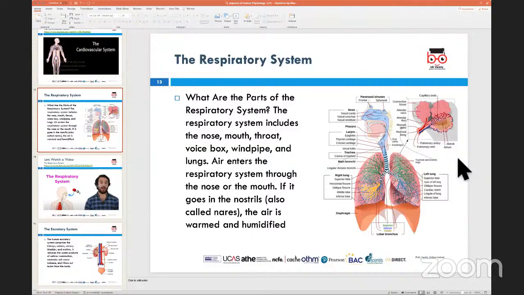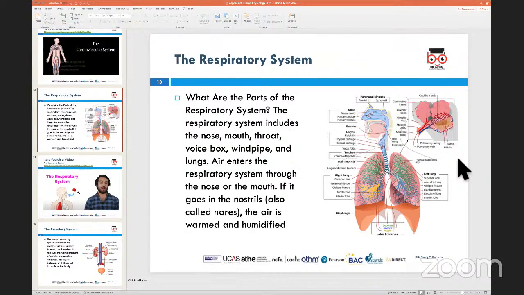And the carbon dioxide, the waste, is carried back by the veins in the cardiovascular system to the heart, from which the blood is purified, and the waste product, carbon dioxide, gets excreted out through the nasal cavity.